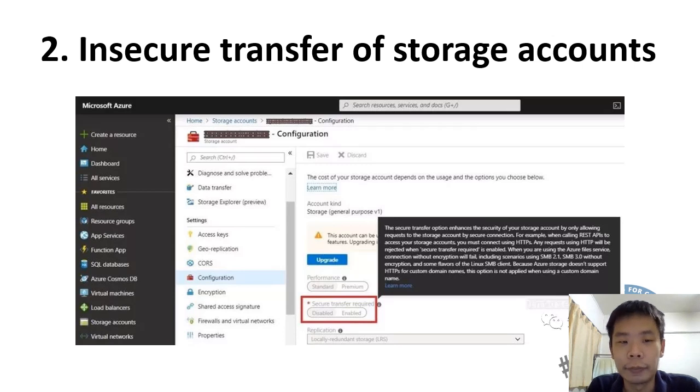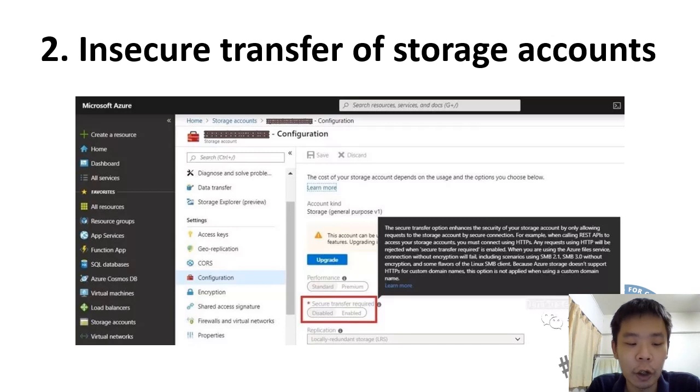The second one, insecure transfer of storage account. With this setting, secure data transfer to storage can be enforced. This means that any unencrypted request through an insecure protocol will be rejected.